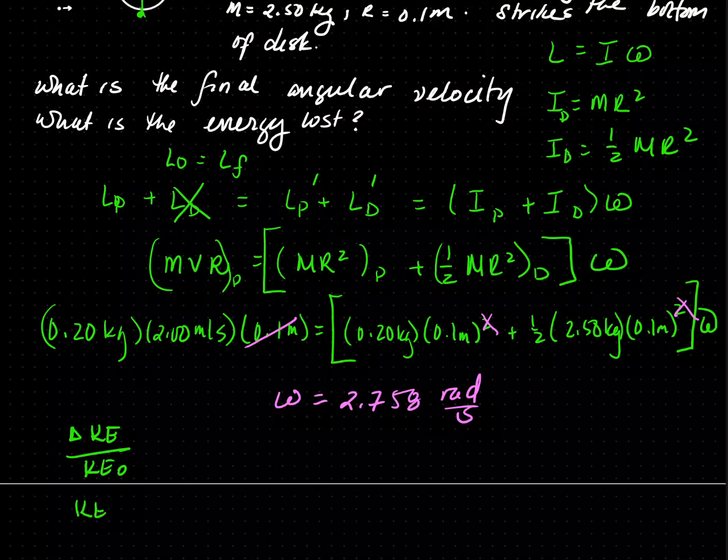So KE initial is going to be 1/2 mass times velocity squared, and it is a translational motion because it is not rotating. So this is 1/2 times 0.20 kilograms. Velocity is 2.00 meters per second. You're going to square that, which equals 0.4 joules.